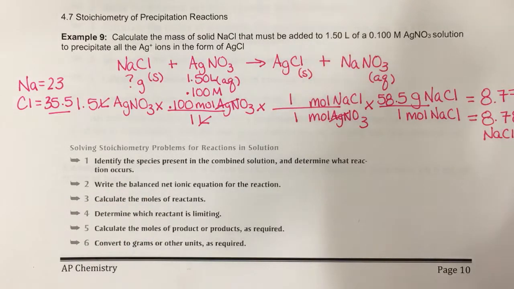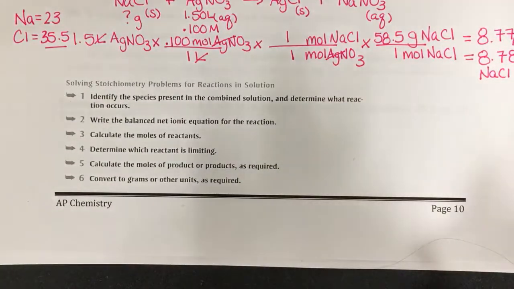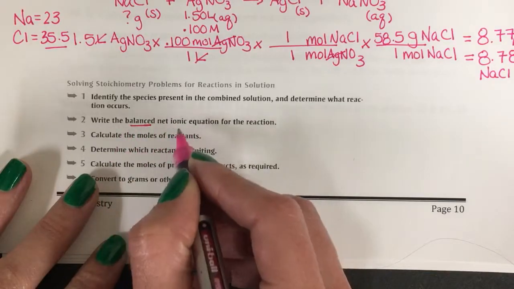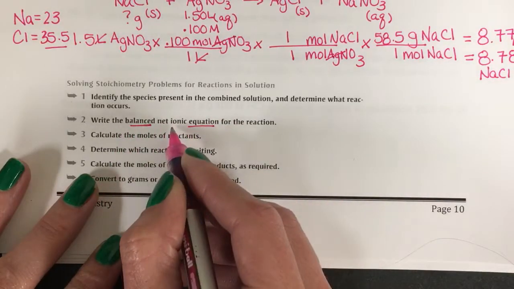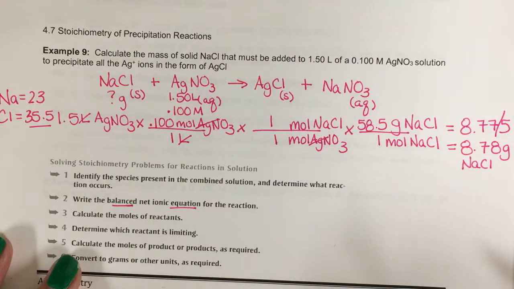Now, when we're doing stoichiometry problems, we're always going to do the same steps. Okay? I need to have my balanced chemical reaction. Now, this says net ionic. I usually just do the complete formula equation. It's up to you.